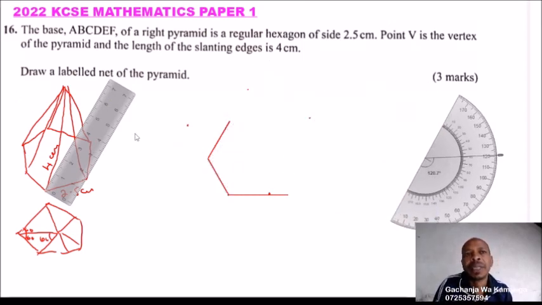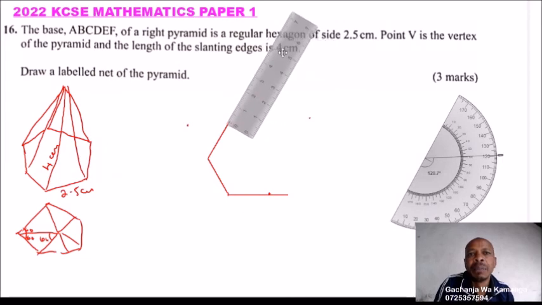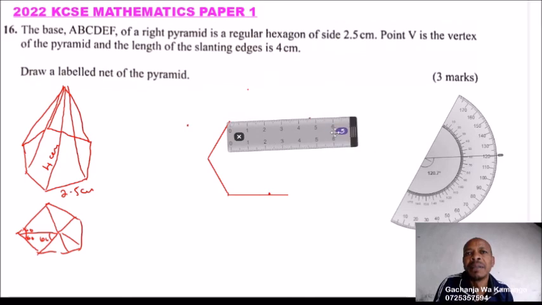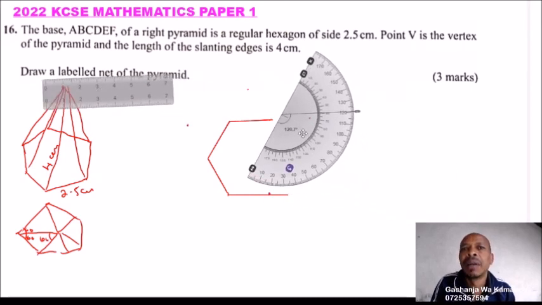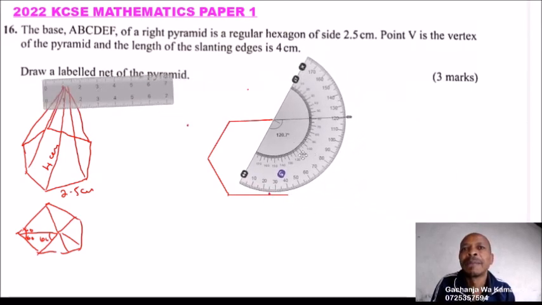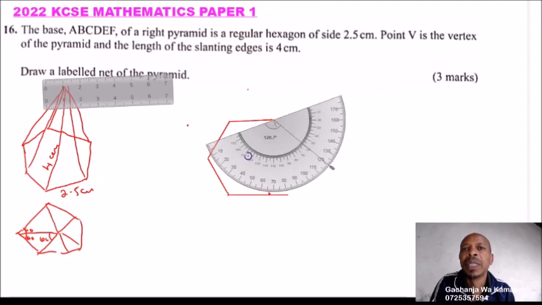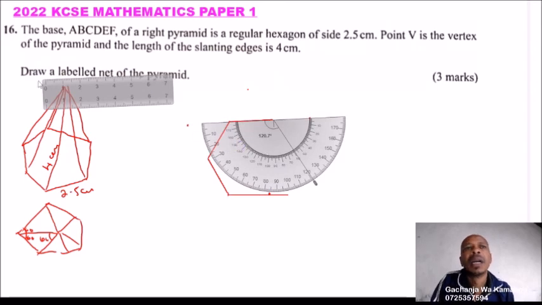From there we take a ruler again, we measure a line of 2.5. So that's where we have our line. That's about 2.5. So we take our protractor again, we measure an angle of 120. We make another line here.